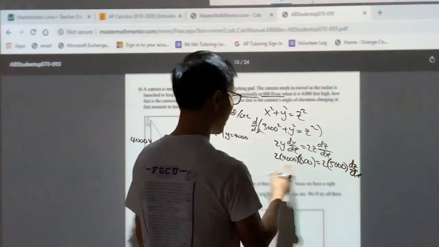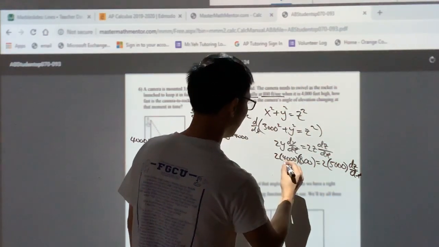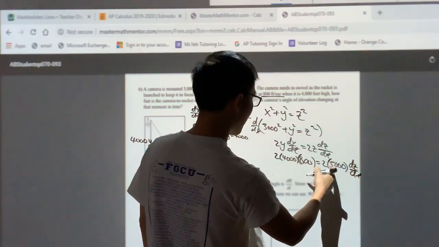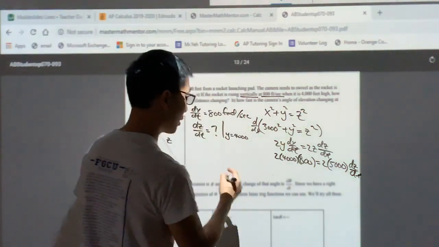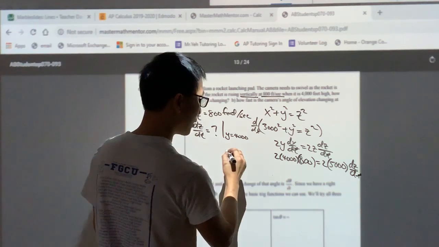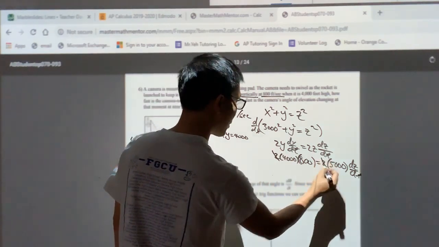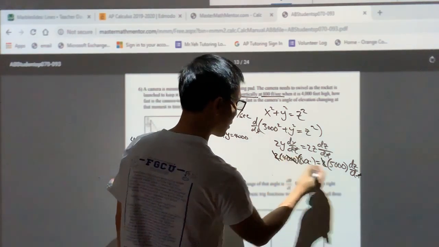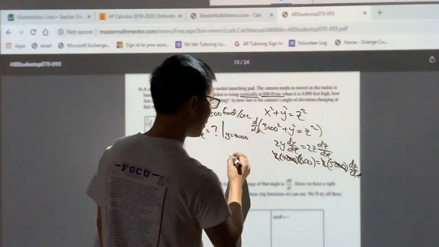And you can evaluate this. The 2 is going to cancel out on both sides, and the 1,000 cancels on this side.